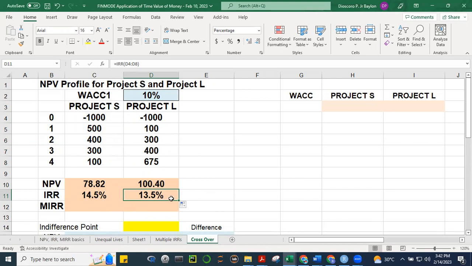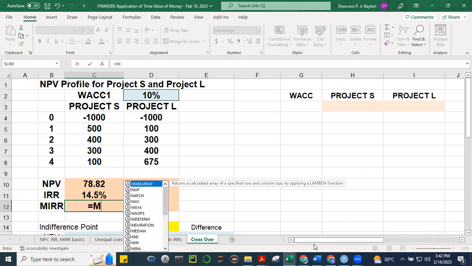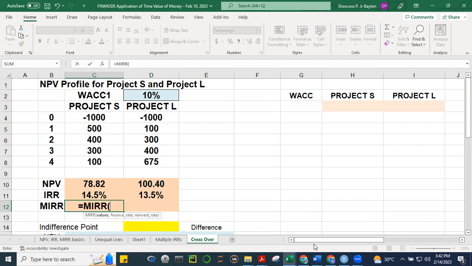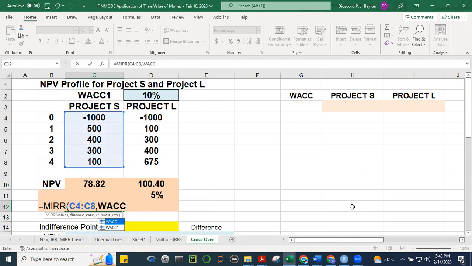So medyo may conflict sila. And we know that we will base it on NPV. Okay, but anyway, let's compute for MIRR. So your MIRR is the values, comma, and then the finance rate is of course your WACC 1, di ba? And then your reinvestment rate is still your WACC 1.